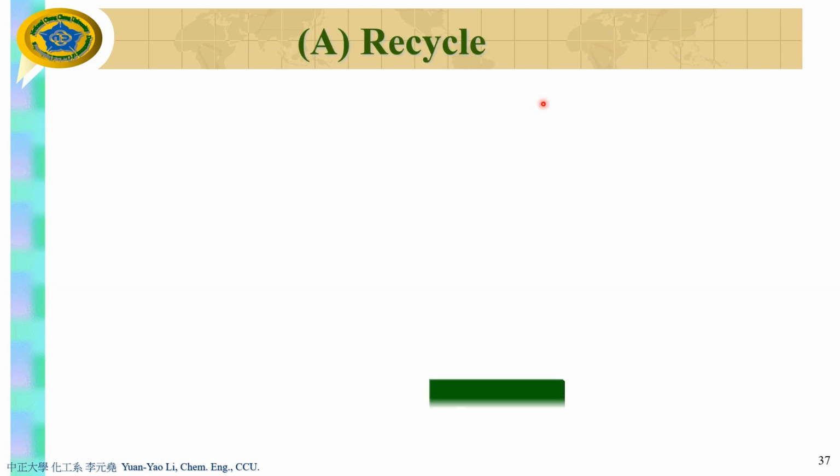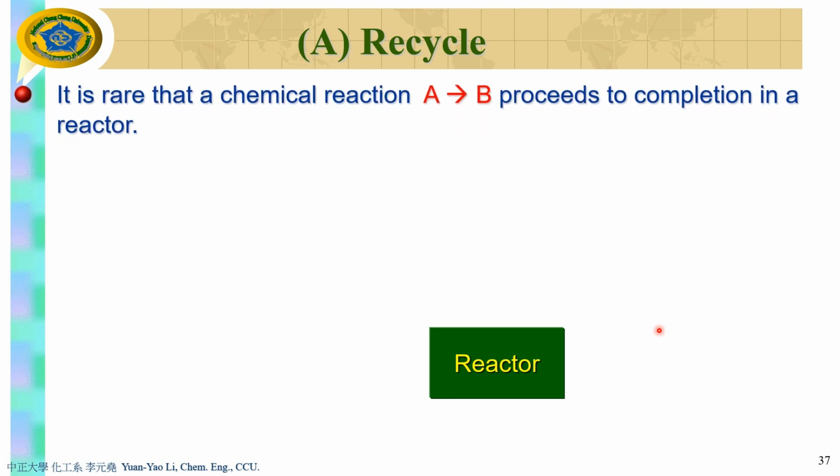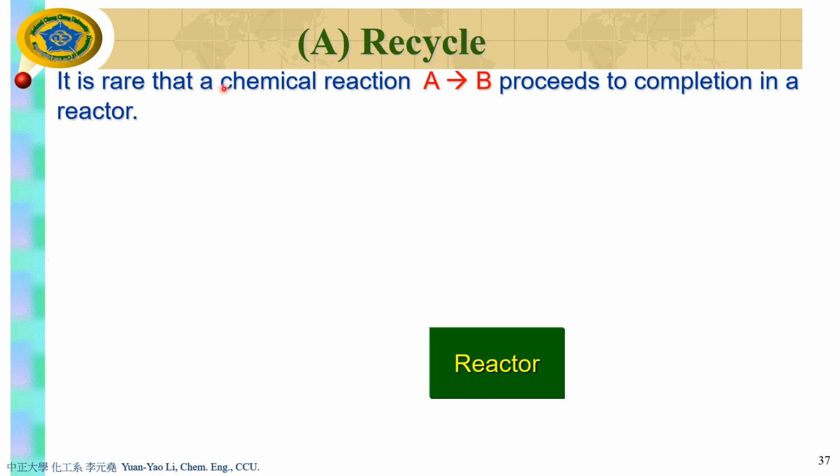This is another example. This is a reactor, with a chemical reaction A to B that never proceeds to completion in a reactor. If you want to convert A to B, in 1 hour the conversion is maybe 80%.